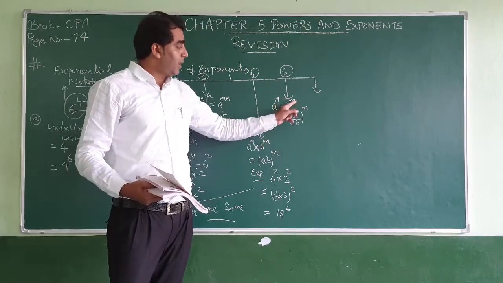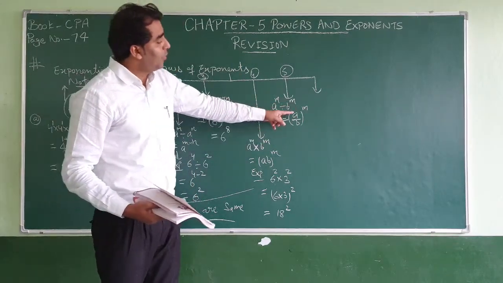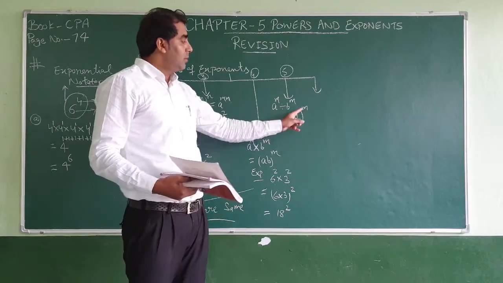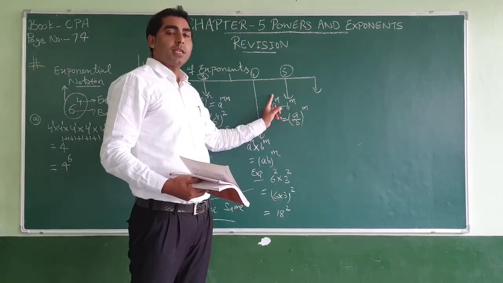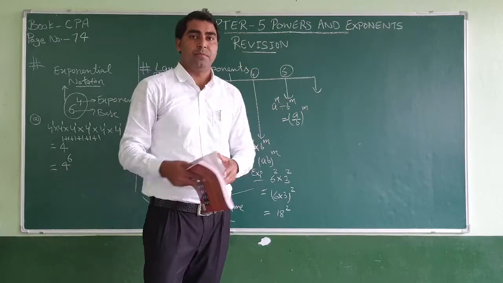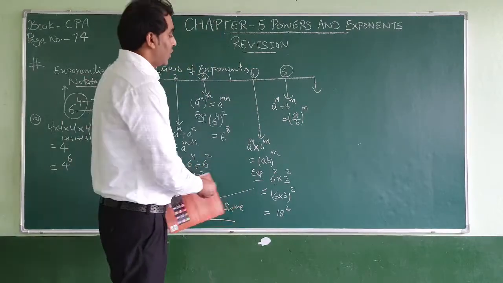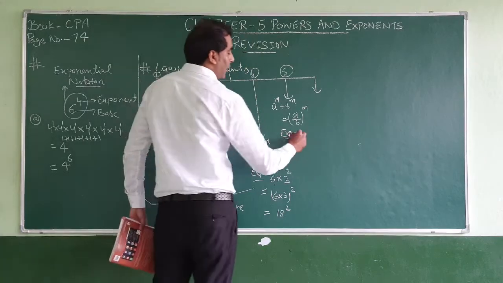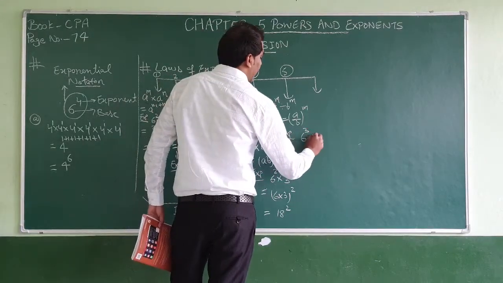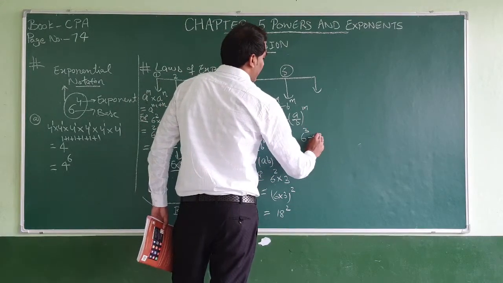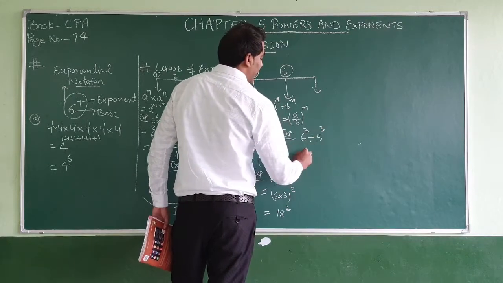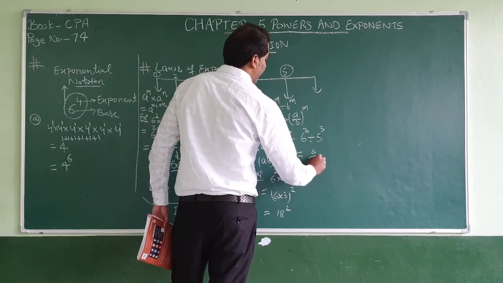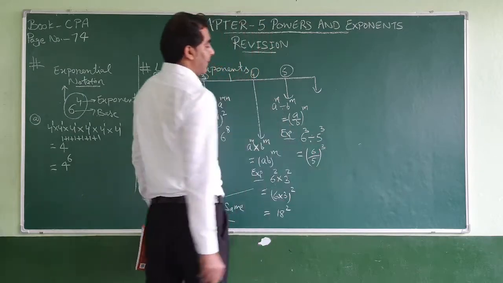Same exponents means we divide a upon b, and the exponent is written one time. Okay children, for example, we have 6 power 3 divide 5 power 3. Then it means 6 upon 5, whole exponent 3.